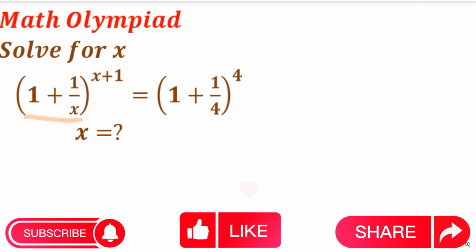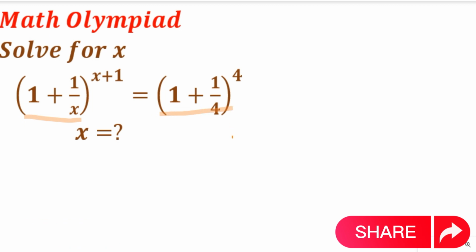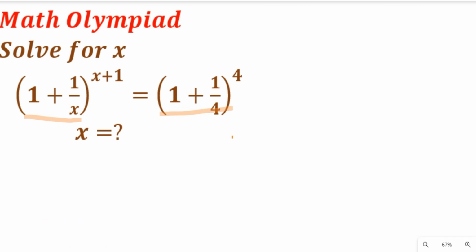If you compare the right hand side of this question with the left hand side, you come to see that they are almost similar, but the only difference is what? The plus 1. And so if we remove this plus 1, you come to see that x can be equal to 4, because if you check these values, x is equal to 4.